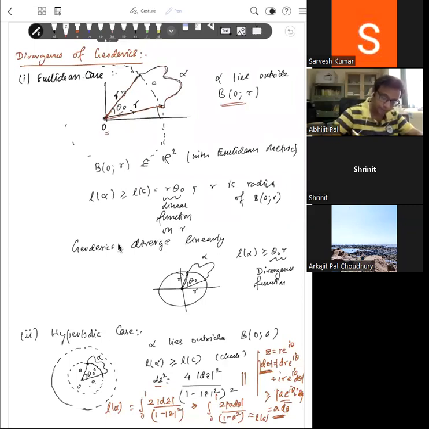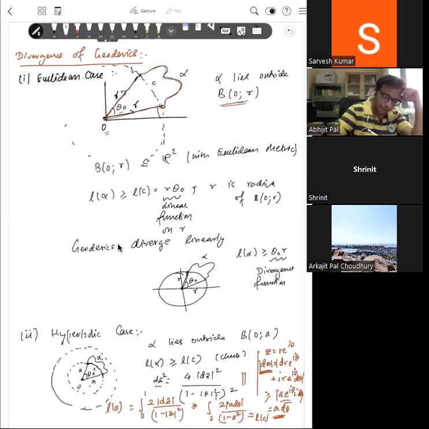So we have started with two geodesics starting from a point O, of the same length, making an angle theta naught, and alpha is a path lying outside this ball of radius r around the origin.